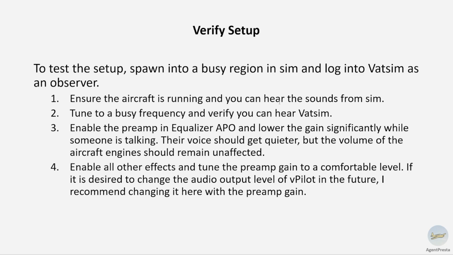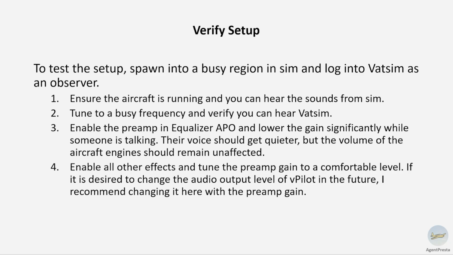What we want to do is make sure that vPilot is the only application that these adjustments are being made to, not the sim as well. So tune into a busy frequency and then verify that you can hear VATSIM.